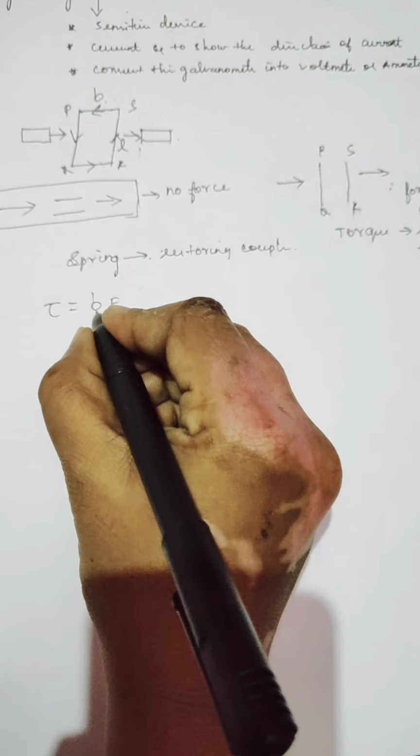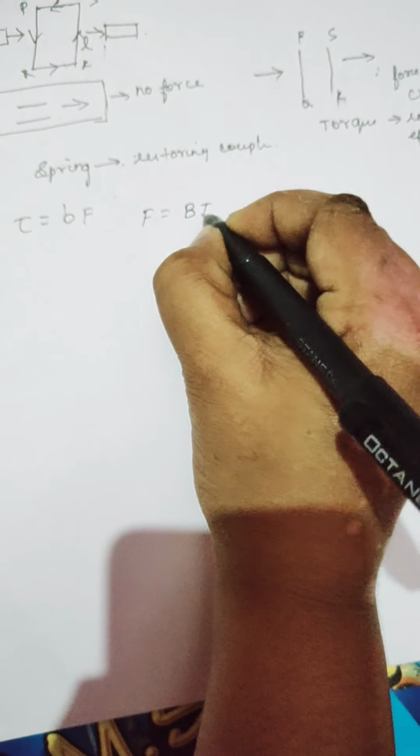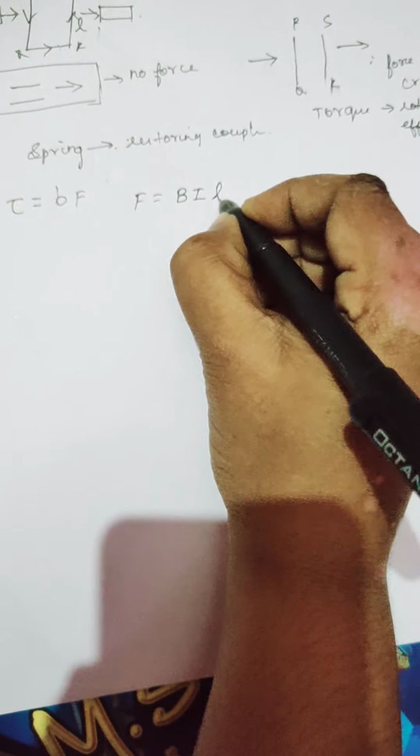Now, the force experienced by the rectangle coil is F equal to the magnetic field, current, and the length. The length is in the rectangle coil, and the breadth I'm taking separately.